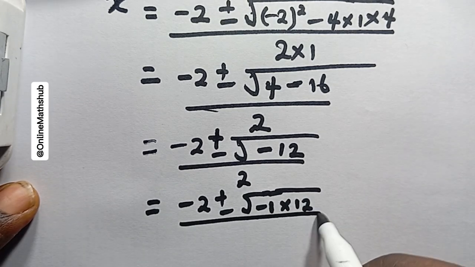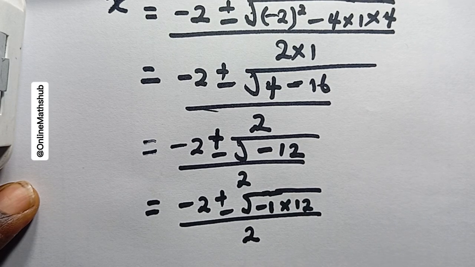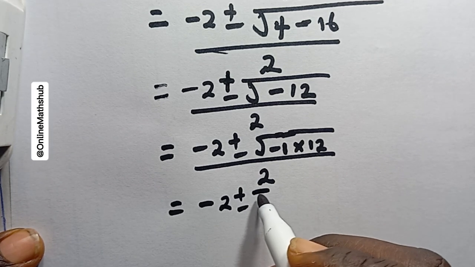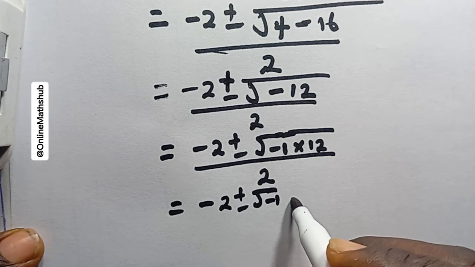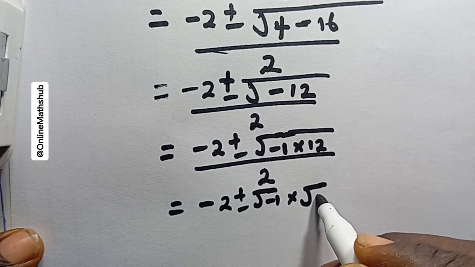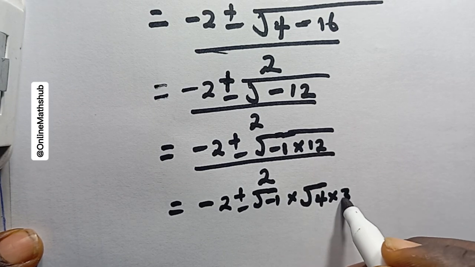Okay, that is what I have. And I can also go ahead to split it. I have minus 2 plus or minus root negative 1, and then multiply by root 12, and I can write this root 12 as 4 times 3.